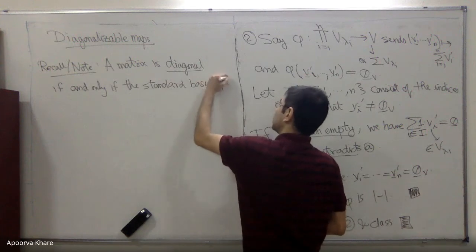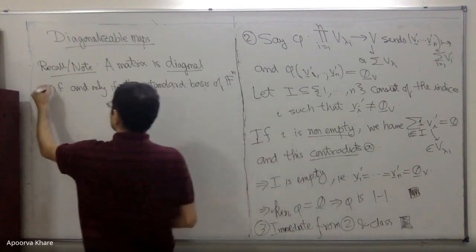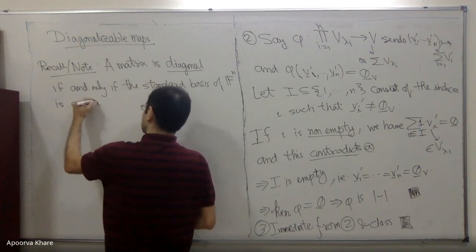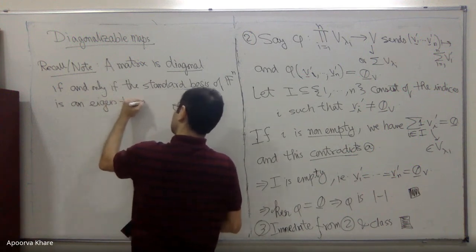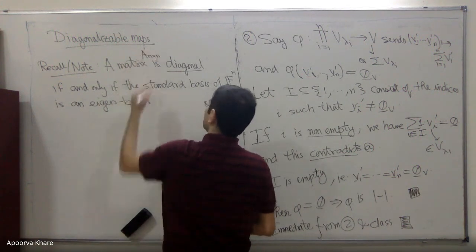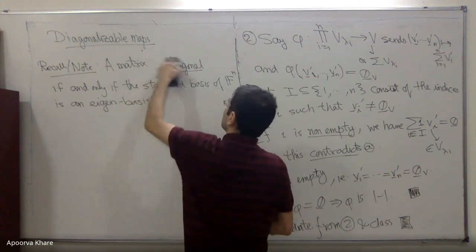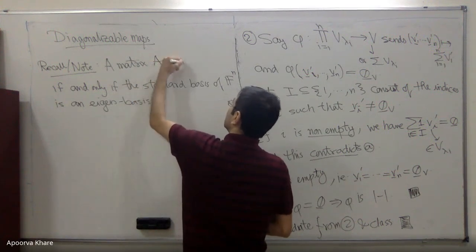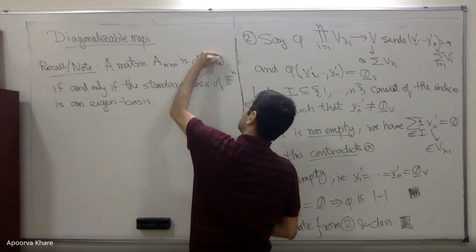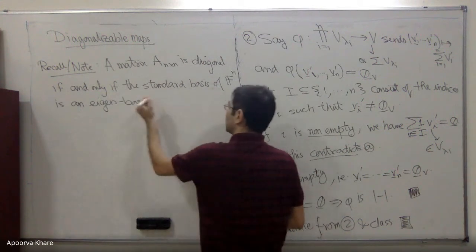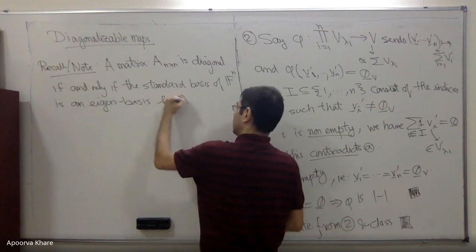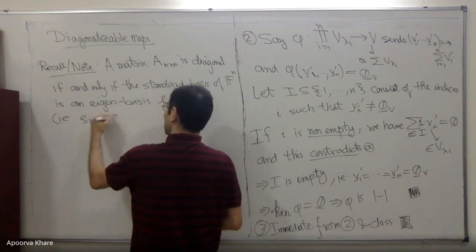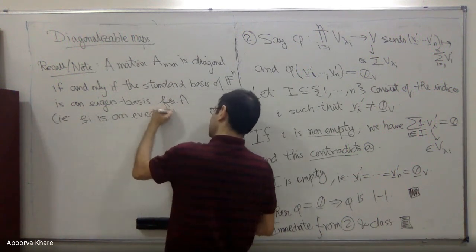the standard basis of F^n is an eigenbasis, meaning it consists of all eigenvectors. Let's call this A, n cross n, is an eigenbasis for A, i.e. e_i is an eigenvector for all i.